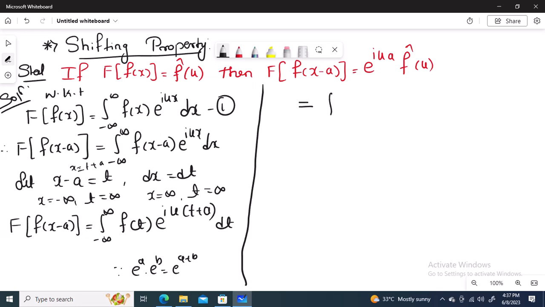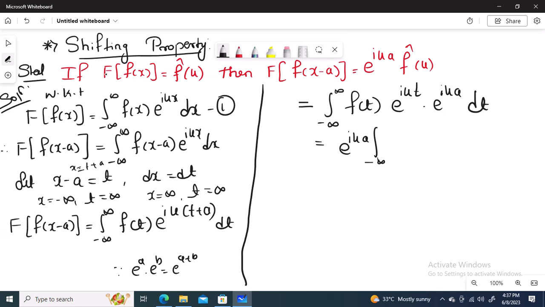The integral from minus infinity to plus infinity of f(t) e^(iut) e^(iua) dt. Now this e^(iua) I'll write outside, and the remaining is the integral from minus infinity to plus infinity of f(t) e^(iut) dt.